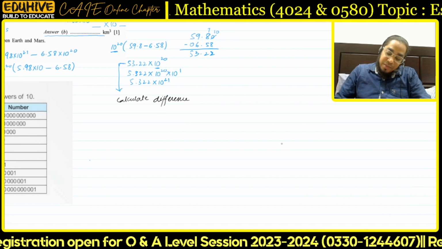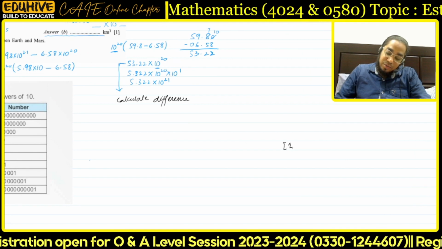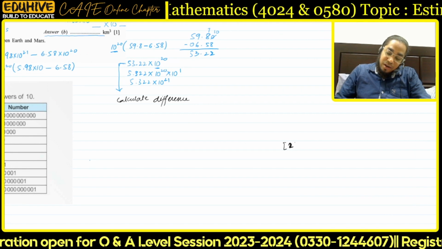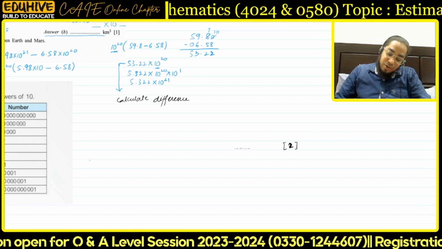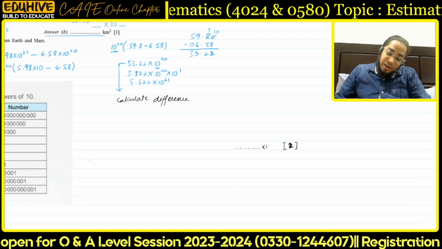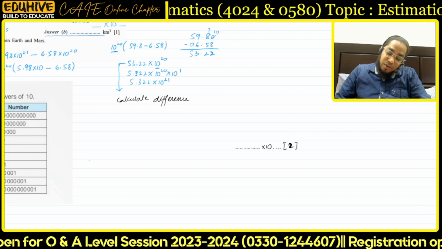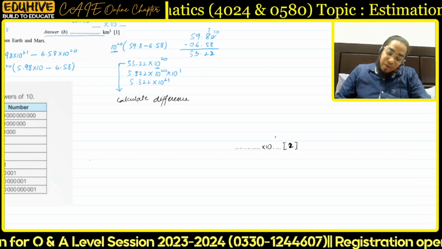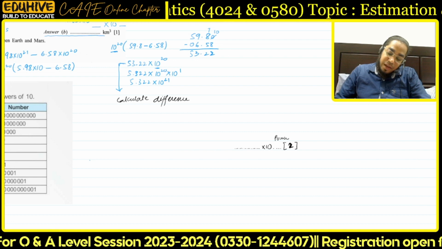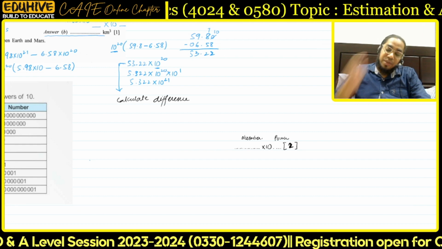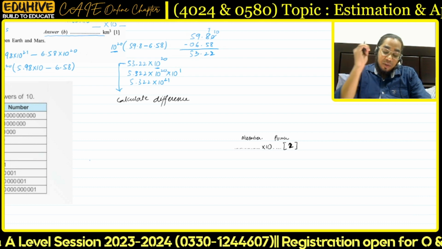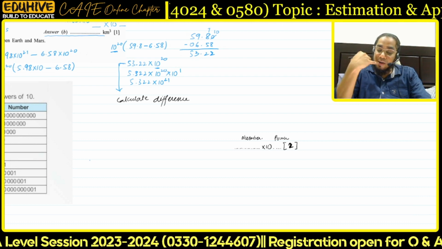But in the answer space where the marks are put, let's suppose this question got 2 marks, they will write dot dot dot dot into 10 and dot dot dot. It means the power should be over here and the number should be over here, which directly represents that the answer should be in standard form, even though they did not mention it in the question. Got it?